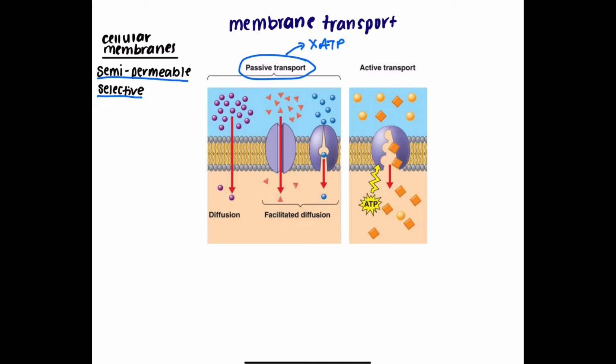You've got simple diffusion, which moves small or lipophilic molecules such as O2, CO2, and others. And then you have facilitated diffusion, which moves slightly larger or charged particles across membranes such as ions. And then finally you have osmosis, which moves water molecules.